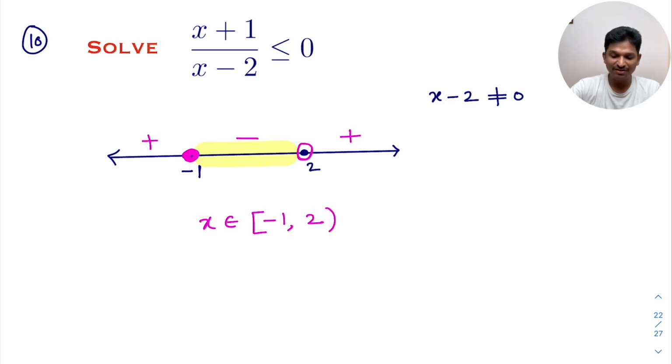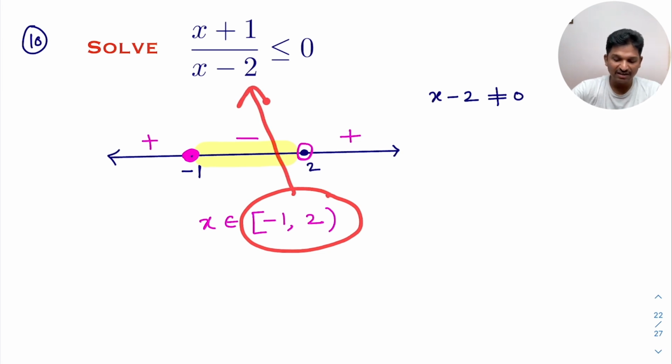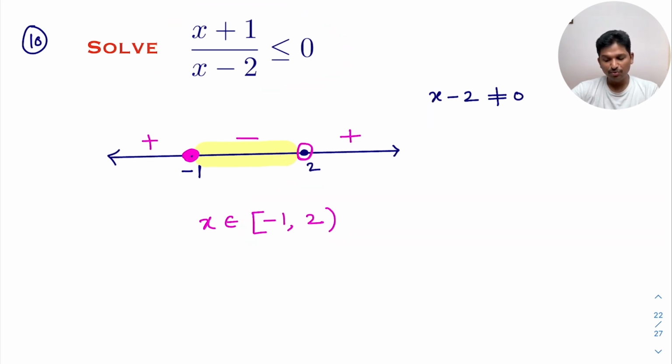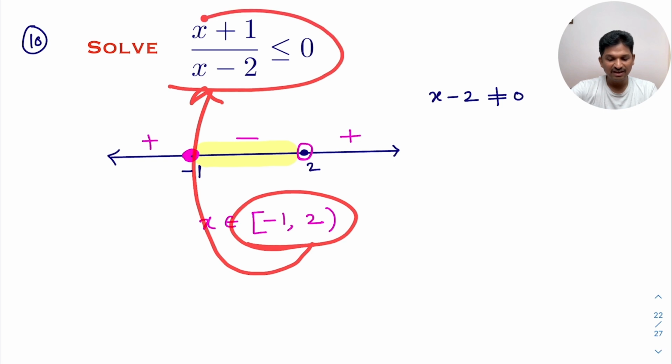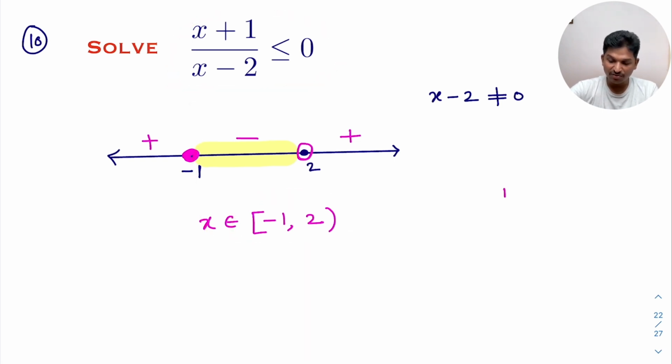This is the solution of this inequality. If you substitute whatever x value is there in this interval, all those x values satisfy this inequality. For example, in this interval is 0 there? Yes, 0 is there. If you substitute 0 in this, it definitely satisfies this inequality. I'll check here. 0 plus 1, 1, divided by 0 minus 2, minus 2.